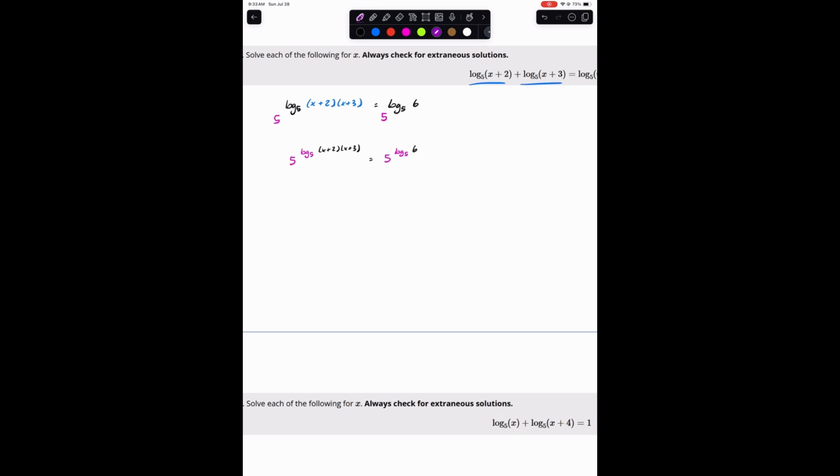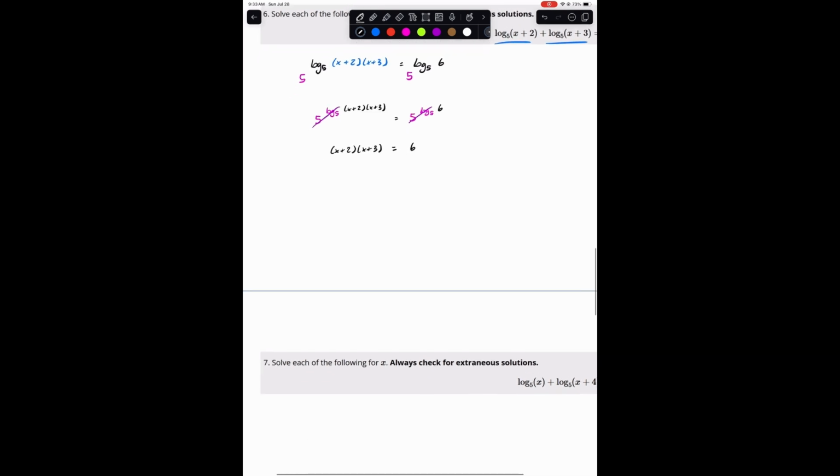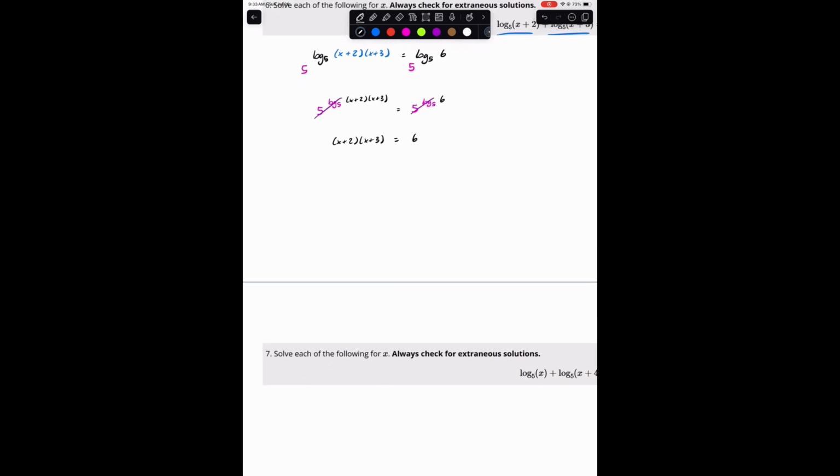These cancel out, same base. So you get x plus 2 times x plus 3 equals 6. From here, it's just algebra. We FOIL: x squared plus 3x plus 2x plus 6 equals 6. These 6's cancel, and we combine like terms.